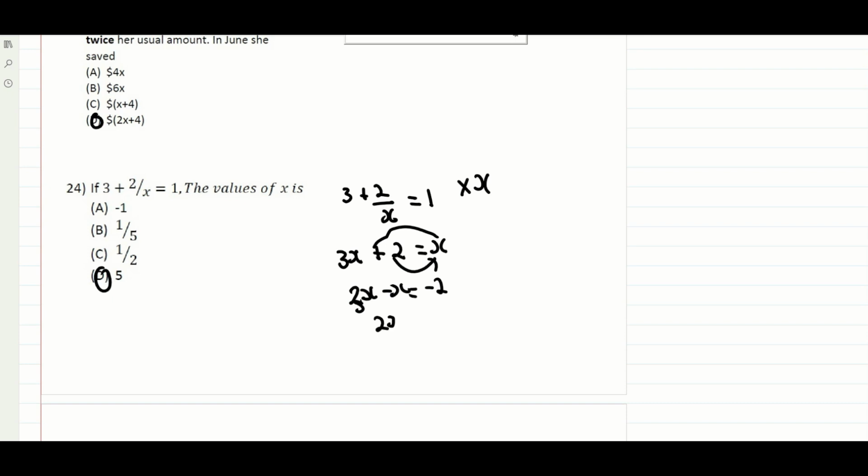So that's 2x is equal to negative 2. So x would be equal to negative 2 divided by 2. So x is equal to negative 1. So the answer is E, not D, right? So always just check back. You see how I checked back to make sure that it was correct, and I saw that that is completely wrong, right? We can see that the answer would be E.